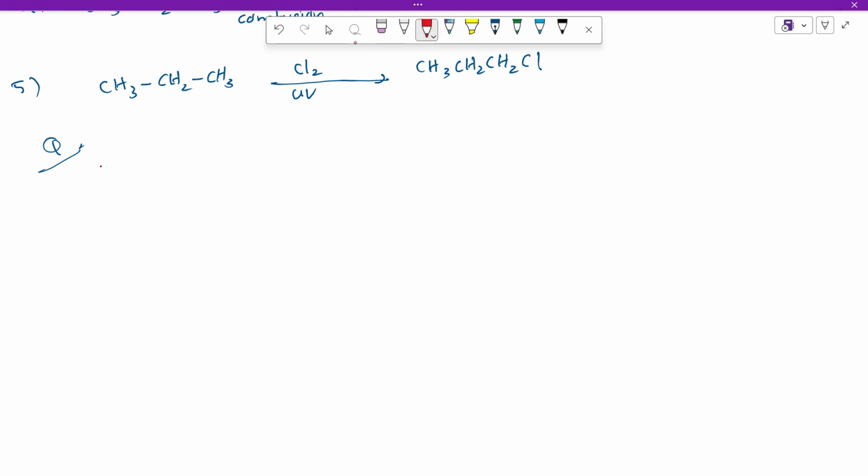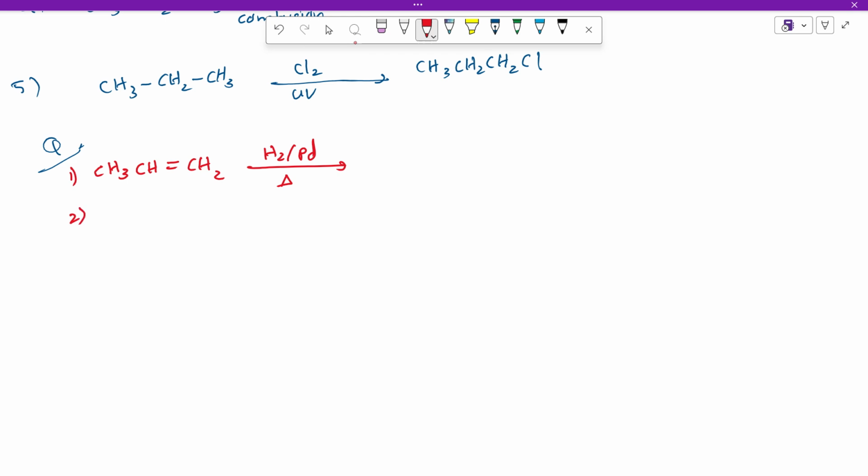I'll be giving an alkene, CH3CHCH2. Once you add hydrogen and palladium and heat it, what will be the product? That's number 1.